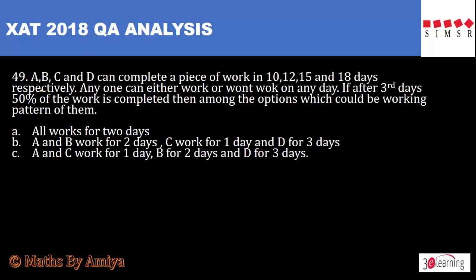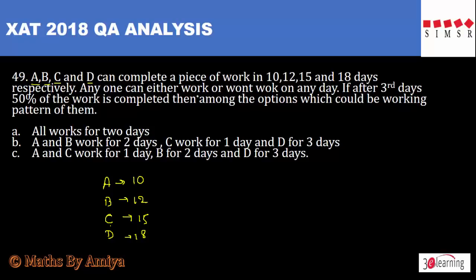49th is a question of time and work. Arithmetic is always an important section for any examination. Please pause the video and read the question. In this, we have 4 persons A, B, C, D. Time taken by A is 10, by B is 12, then 15, then 18, and we have to do the work according to the question. Anyone can leave.